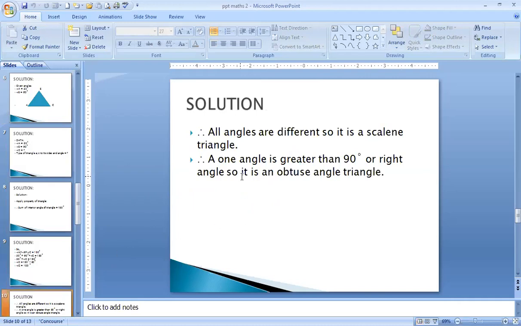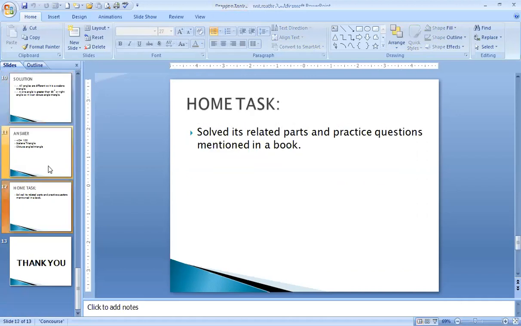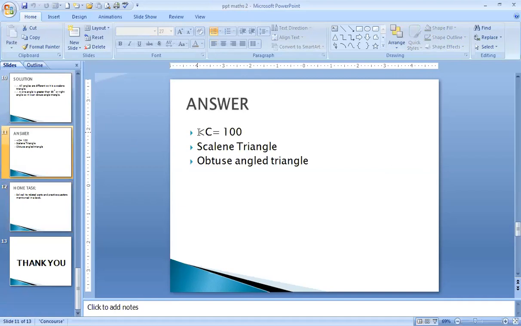So this angle C forms an obtuse angle, and due to this obtuse angle, we say that the type of triangle with respect to its angles is an obtuse angle triangle. So write the answer this way.